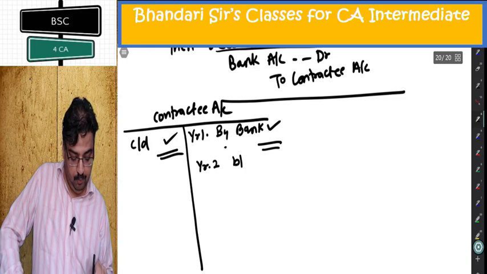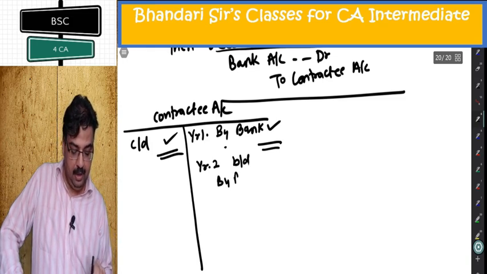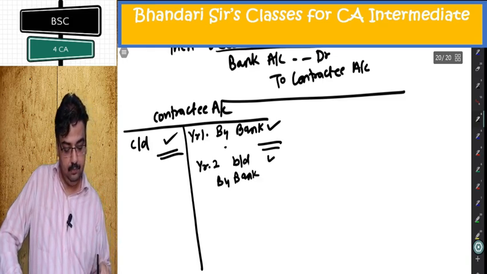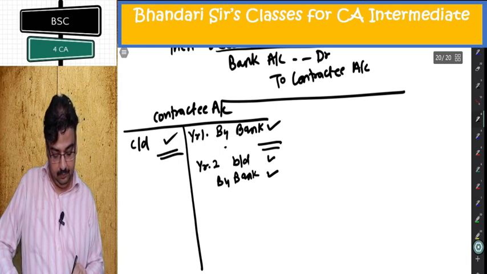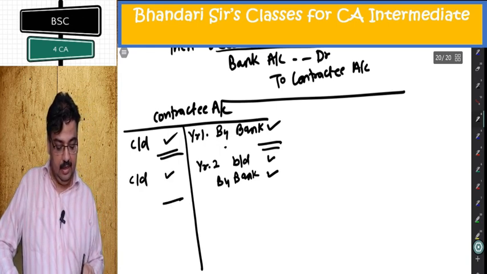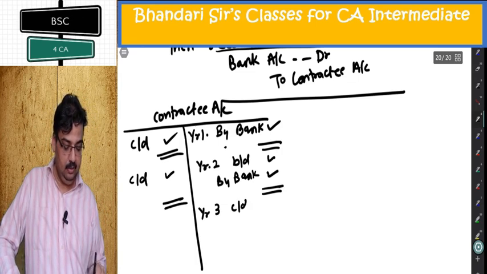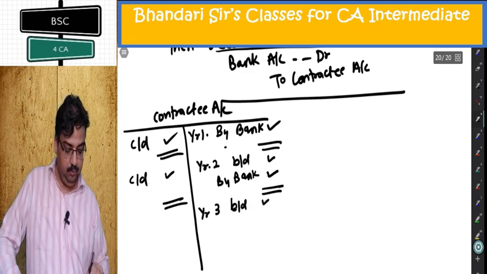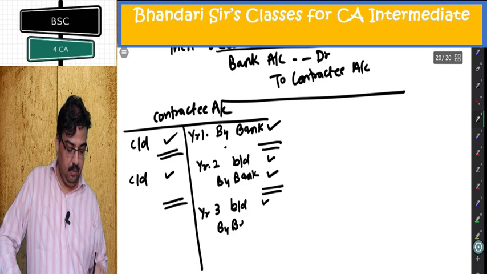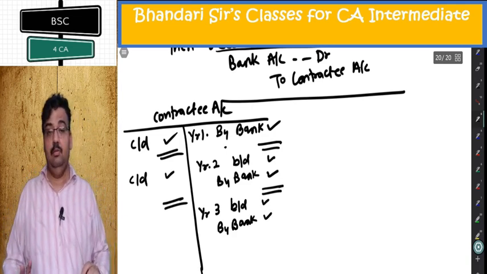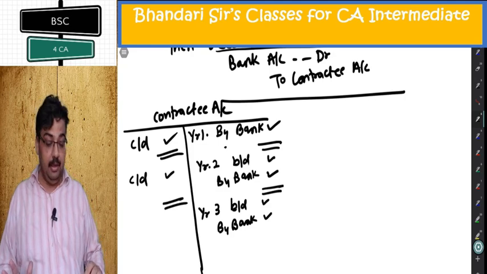Year 2, brought down, by bank, increases. The aggregate is carried down now. Year 3, brought down, by bank. Let's say in year 3, the contract is completed.